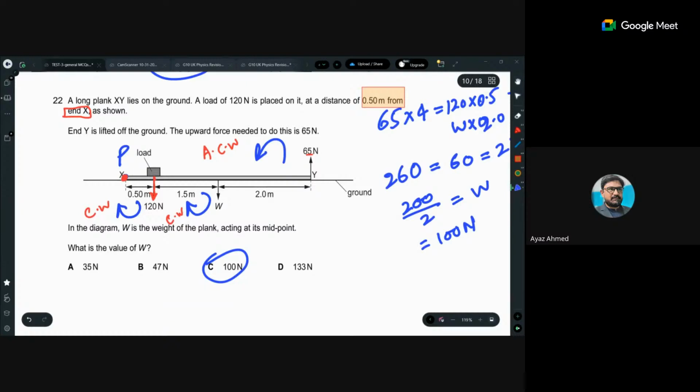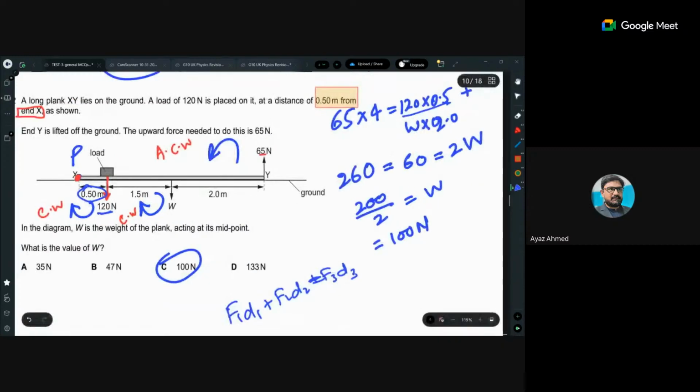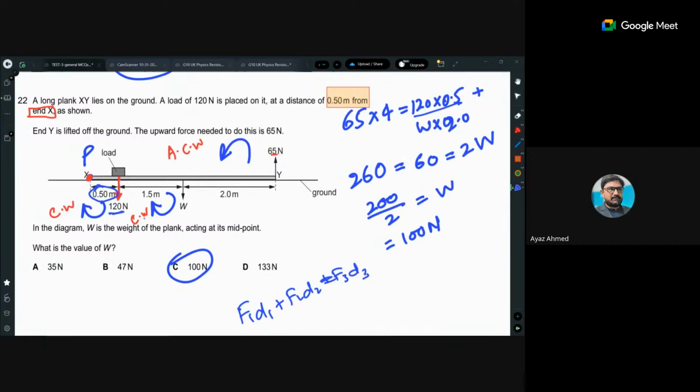So you will just apply F1 D1 plus F2 D2 is equal to F3 D3. So F1 is 120 and D1 is 0.5. Right? 120 into 0.5.